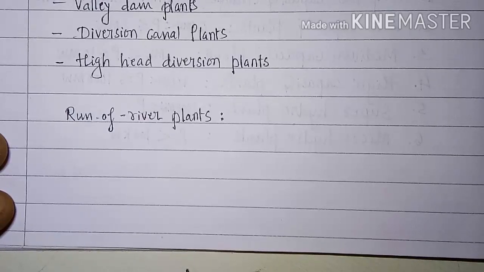So, across the flow of river, a very small barrier is constructed, and from behind that barrier, the water is taken for generation of electrical power.